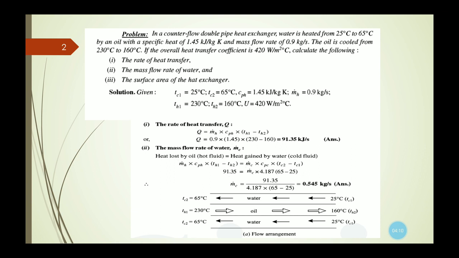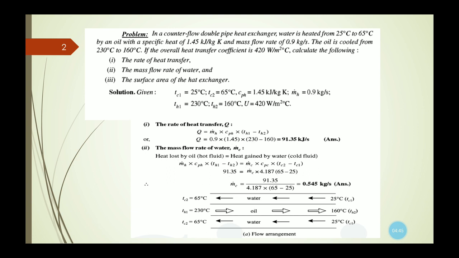Now in this case the mass flow rate of the hot fluid is given as 0.9 kg per second, Cph is given 1.45 kilojoule per kg Kelvin, and the inlet and outlet temperature of the hot fluid are given as 230 and 160 degrees centigrade respectively. Now putting all these values in this formula, the heat transfer rate is calculated as 91.35 kilojoule per second.